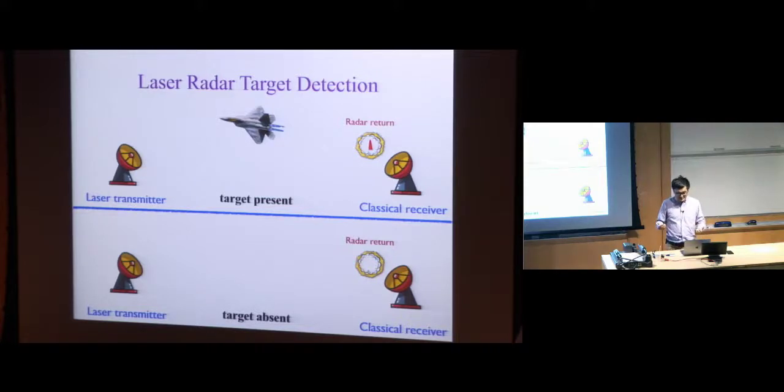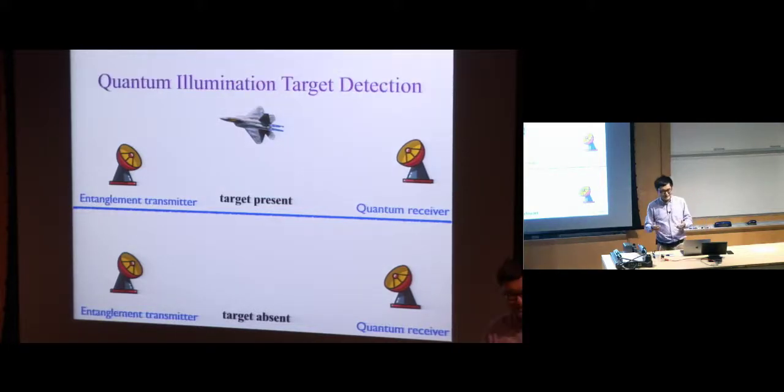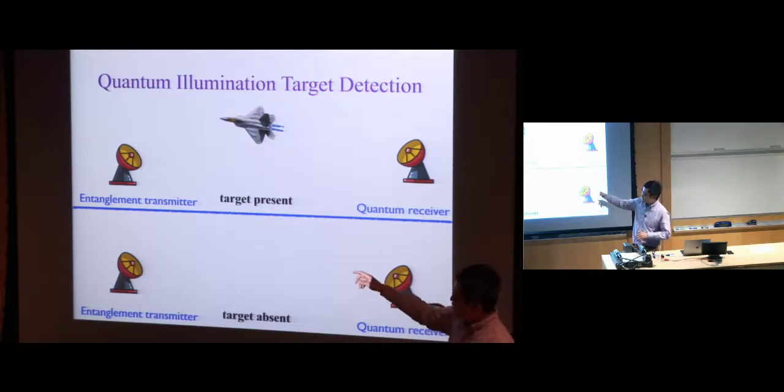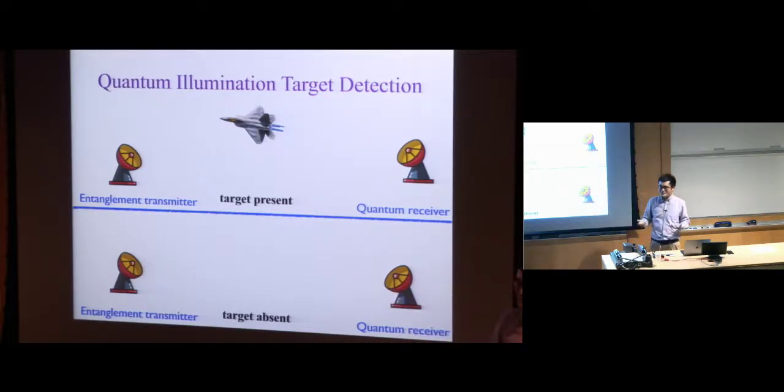Now we have this question: can you use any quantum mechanical resource to improve the performance of this target detection system? This quantum mechanical approach is called quantum illumination. It's a name that came up when it was originally proposed. Now you replace this classical laser transmitter with an entanglement transmitter.